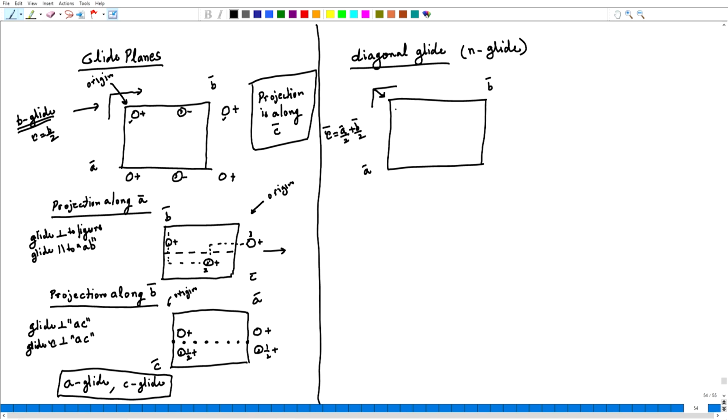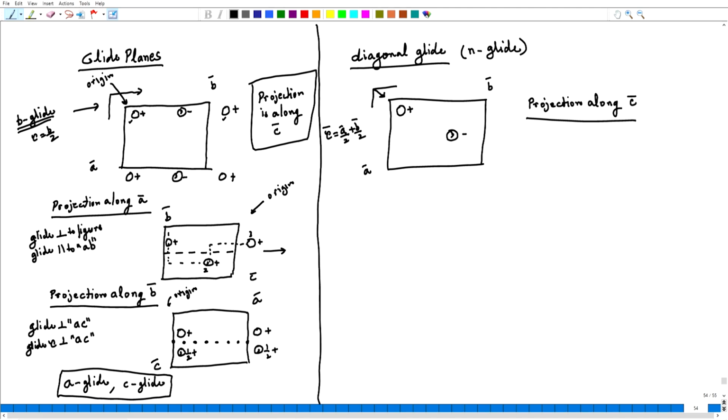In this case, if I put a motif here, it gets reflected below and then translated along the direction A by 2 plus B by 2, which would bring this motif somewhere here with the changed handedness, and it will be below the plane, so therefore minus. So, this one again, as you can see, is a projection along C.